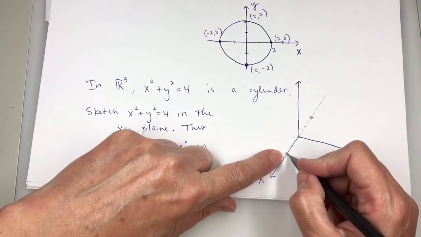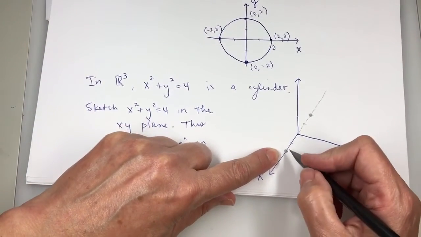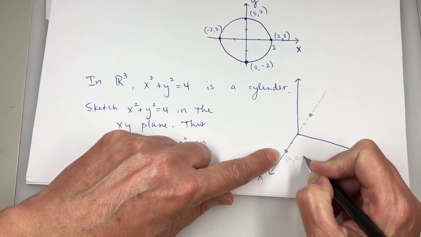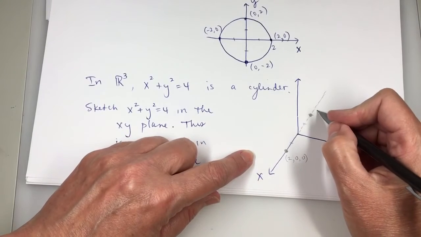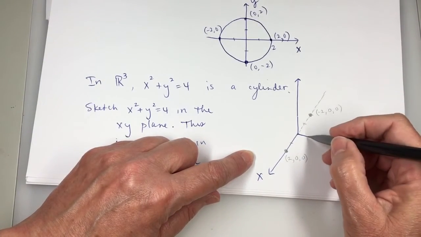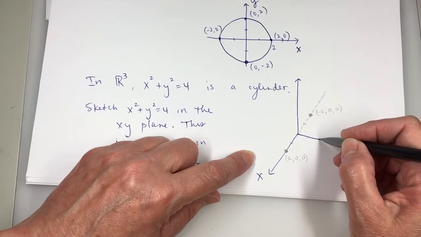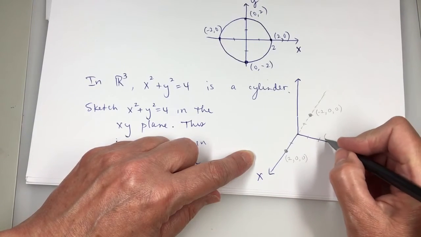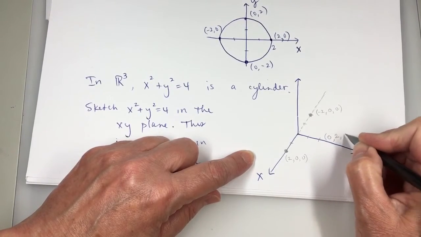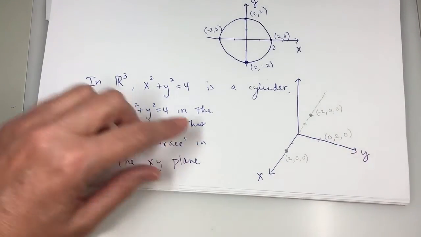What are the coordinates of this point right here? 2, 0, 0. How about this one in the back? Negative 2, 0, 0. On the y-axis, 2 units. This one is 0, 2, 0.